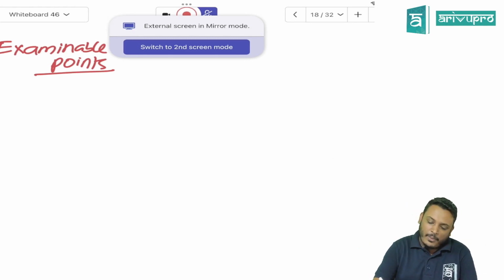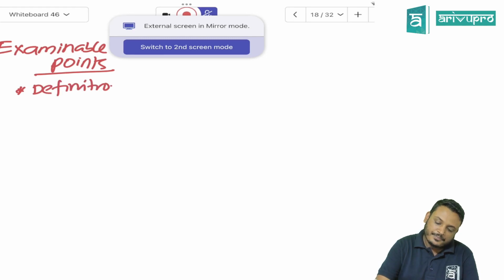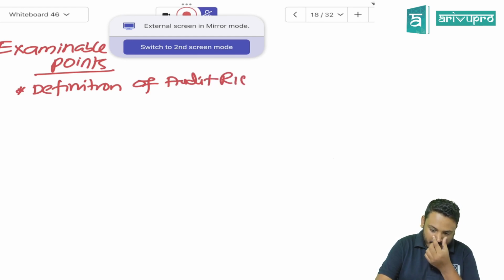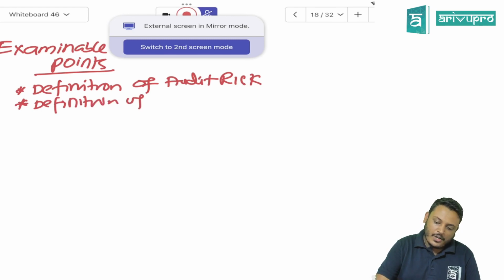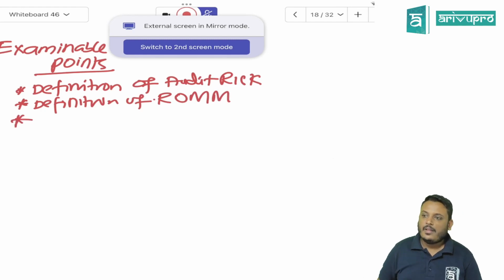Number one, write down definition of audit risk. Number two, definition of risk of material misstatement.